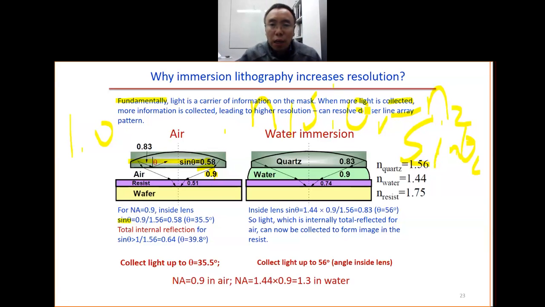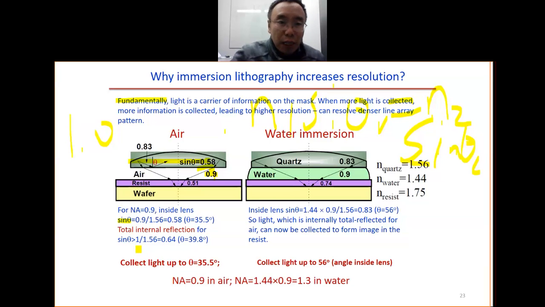Because of this, we can calculate the angle inside the lens, which is given by sine theta equals 0.58, so theta equals 35.5 degrees. The light inside the lens within this angle can be collected. More than this angle, it cannot be collected, because of total internal reflection, which corresponds to the case that the light cannot come out.